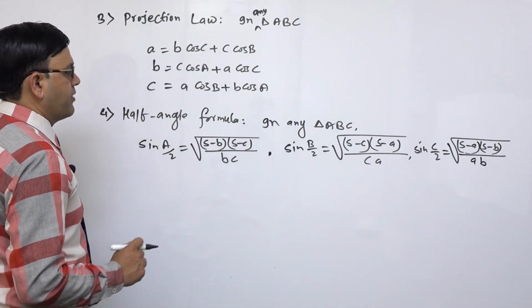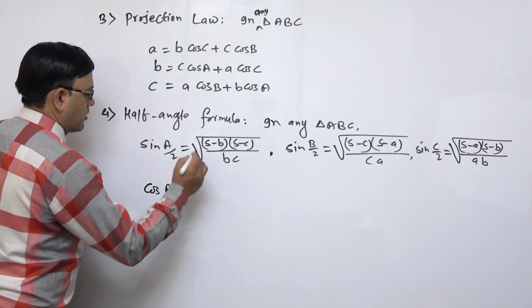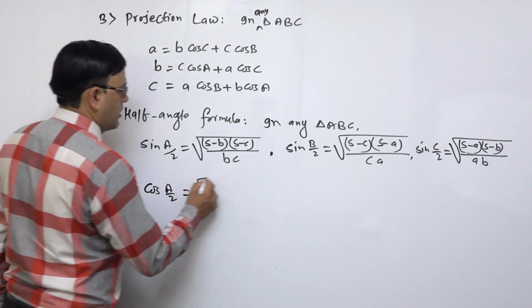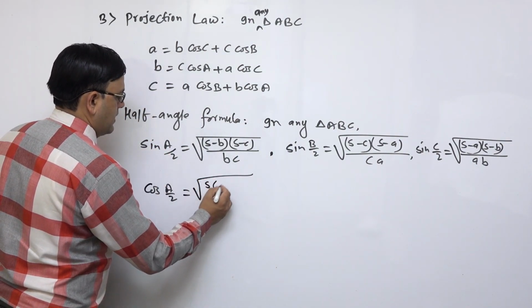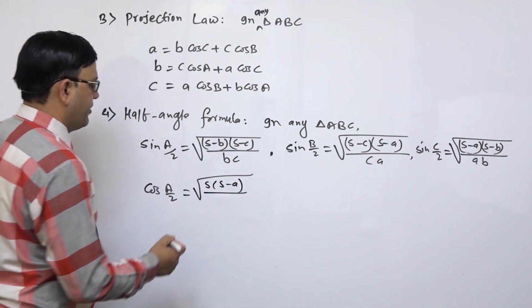Similarly, we have cos A by 2 also. Cos A by 2 is equal to root under s(s minus a) by bc.